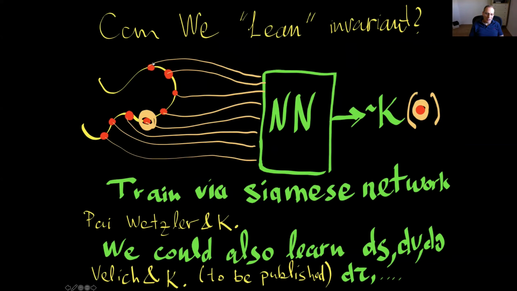This is joint work with Gautam Pai and Aaron Wetzler, in which we took as an input a fixed number of points that we sampled about a point along a curve, fed it into a neural network, and we did it using a Siamese architecture. So the same looking curve, rotated, translated, and sampled differently, but with the same point, was fed into the network again. And if the two points were the same, we penalized the output value to be the same.